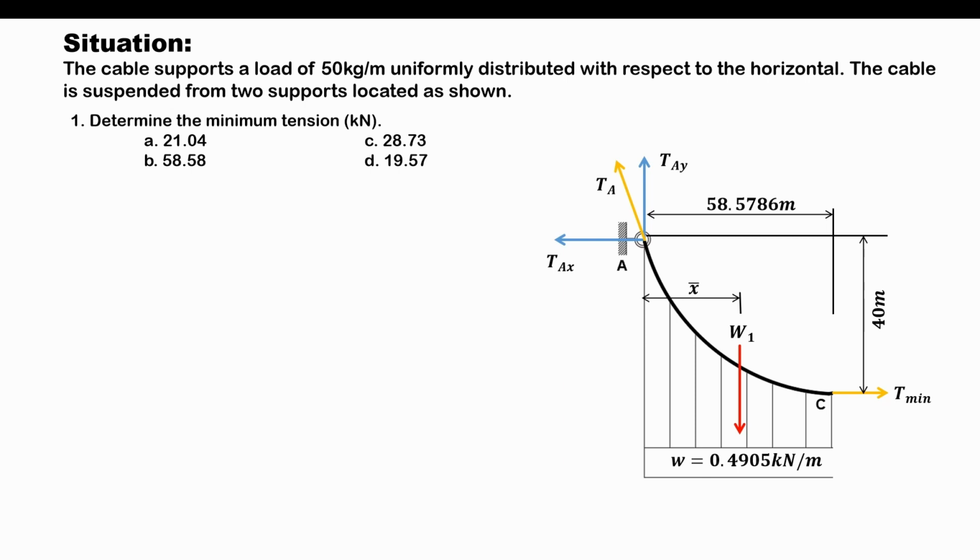So let's summate moments about A, considering that those counterclockwise moments are positive. So let's first take the moment of the minimum tension. If you investigate the free-body diagram, the minimum tension will induce a counterclockwise moment about A. So we have here positive Tmin multiplied by its moment arm, which is 40 meters.